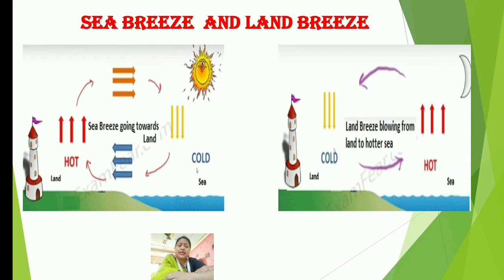Whereas the air above the sea is hot, it rises up, it creates a vacuum there, and then what happened? The cold air from the land region now rushes towards the sea, so it sets the land breeze. So this drawing is showing land breeze blowing from land to hotter sea. Okay students, I hope this is clear.